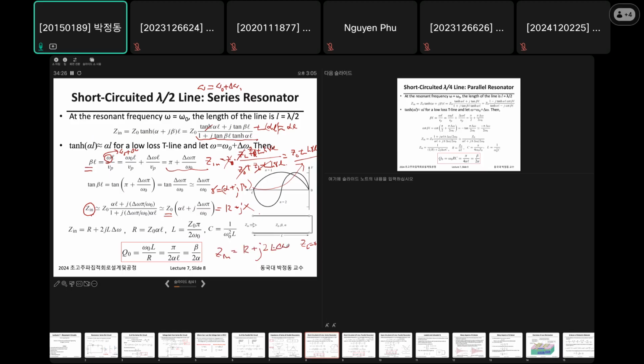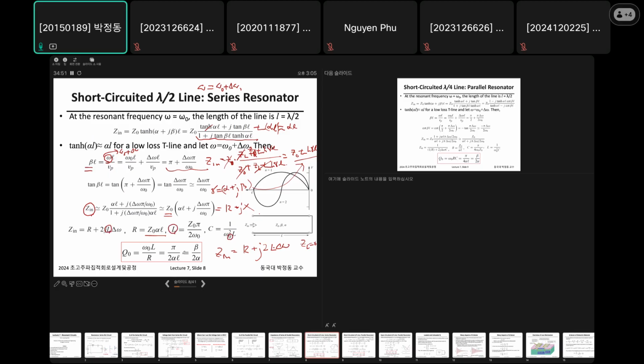So from this line, if you compare this to this, then R is G naught alpha L. L you get by comparing this and this: G naught pi divided by 2 omega 0. So L is just, from the definition of resonance, you can get this.